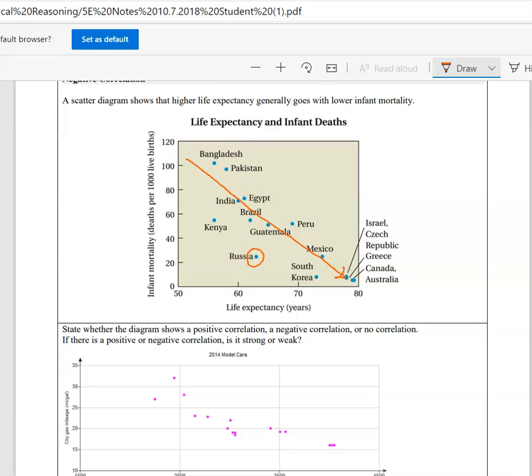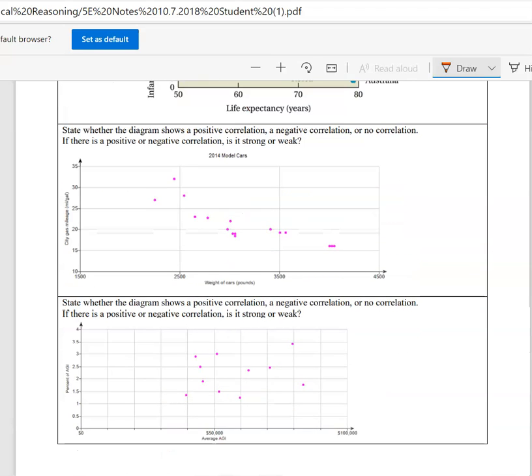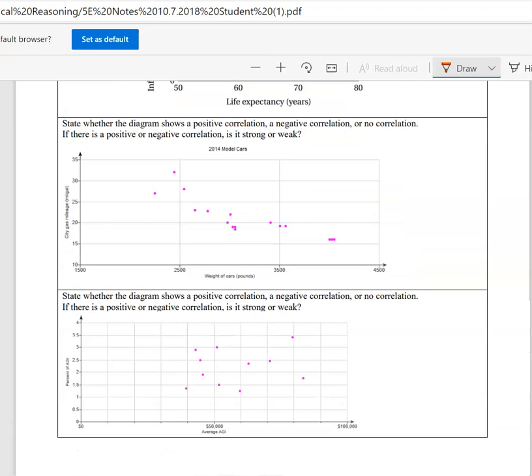So what about these two? Okay, to me, I could draw a line of best fit here. Maybe something like this. Okay, so I think it would go down. So I think it has a negative correlation. And the dots are pretty close to the line, except for maybe these two.